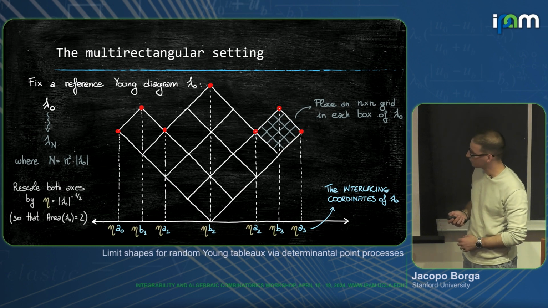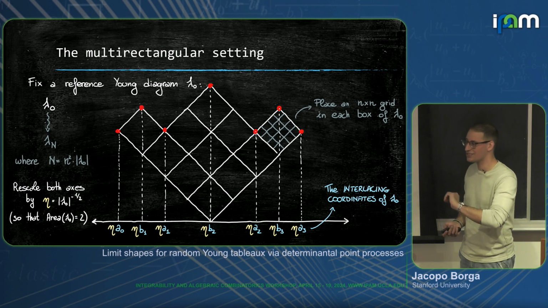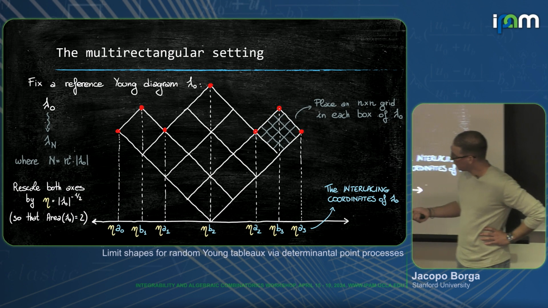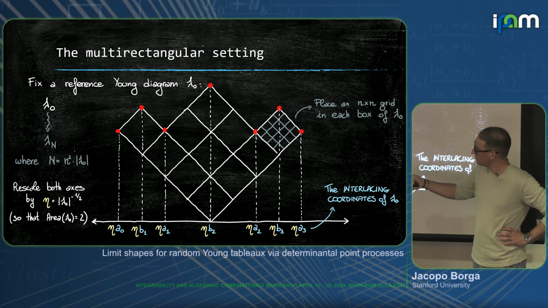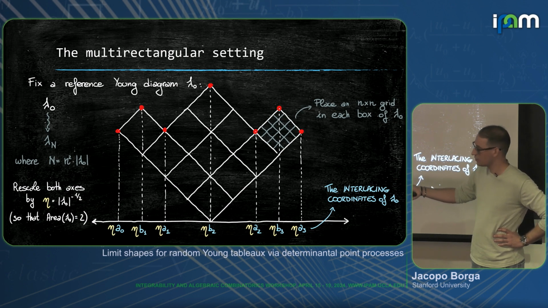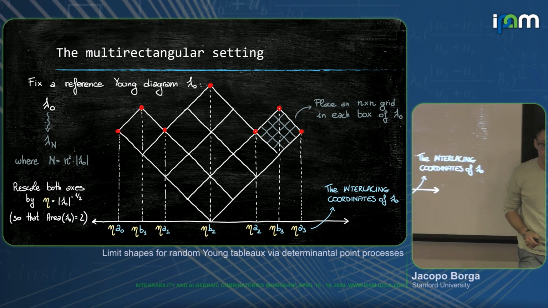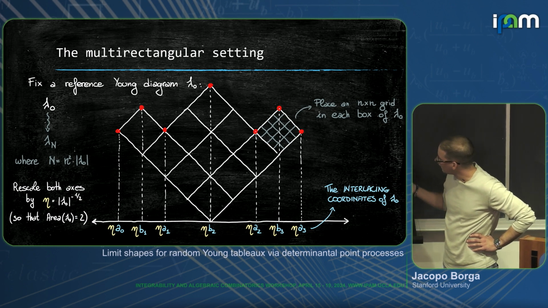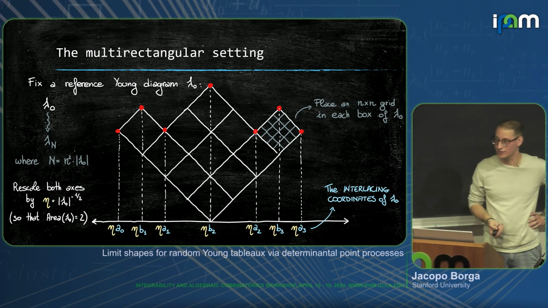Last operation that I do is the following. I do a little rescaling of lambda 0, but this is not needed. It's just to make the formulas later on a bit nicer. I pick eta to be just 1 over the square root of the size of lambda 0. So it's a number. And I rescale x and y coordinates by eta. Now the total area inside lambda 0 after this rescaling is always 2.